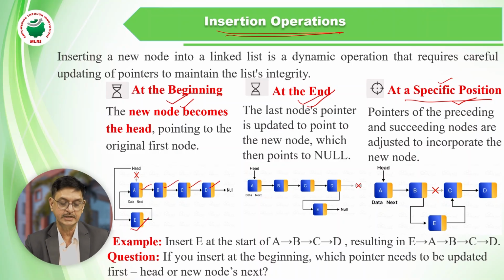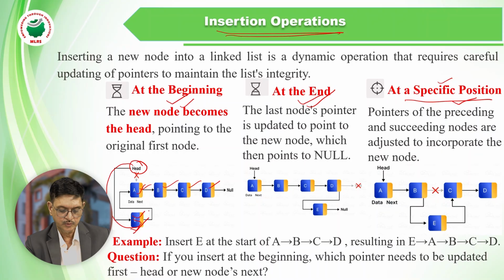We want to create a new node called E, but we want to make this E the first node. Previously this head pointer represented the first node A. Now if we want to make E the first node, automatically A becomes the second node. So the head has to represent E.